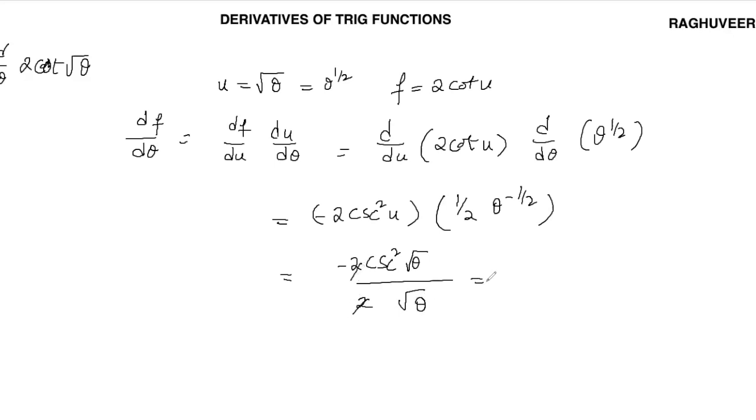So we can cancel this out and we can bring down cosecant in the denominator. So that we can write as minus 1 by, this is sine square root theta, multiplied into root theta, right? So this is the final answer.